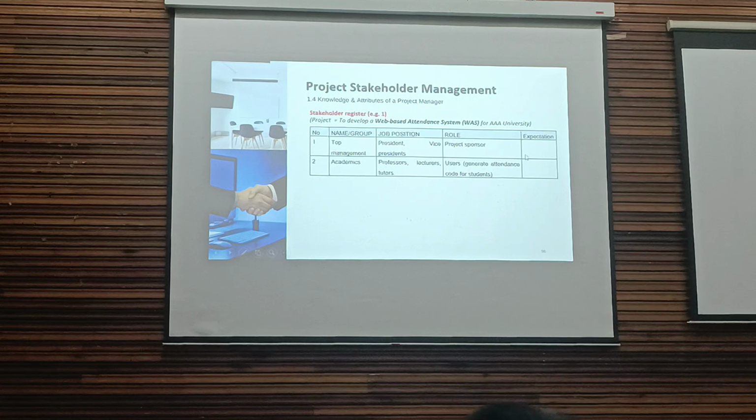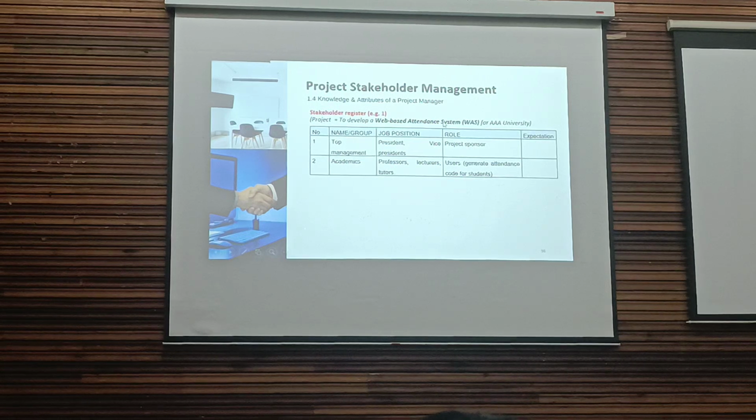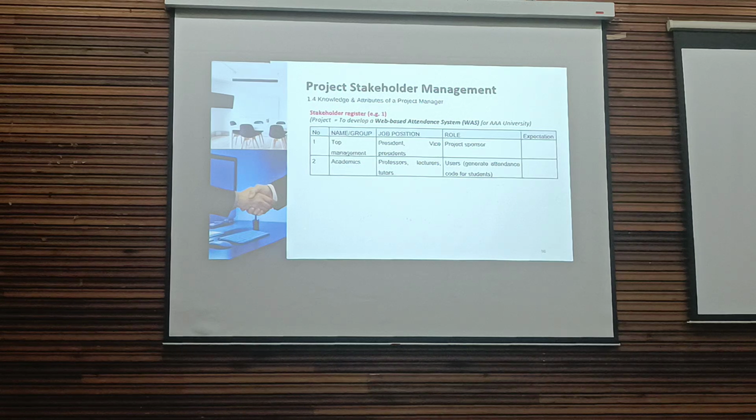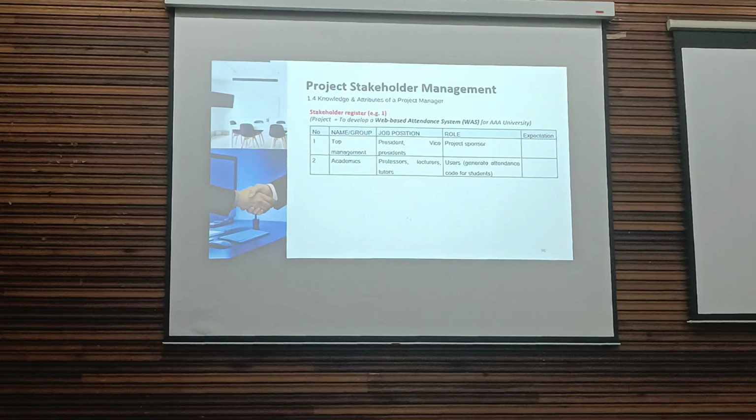So expectation can be, I want the project to be completed on time, within budget. If I've allocated the IT department to complete this project in 3 months, you can spend not more than 100,000. Then don't spend more than 100,000.